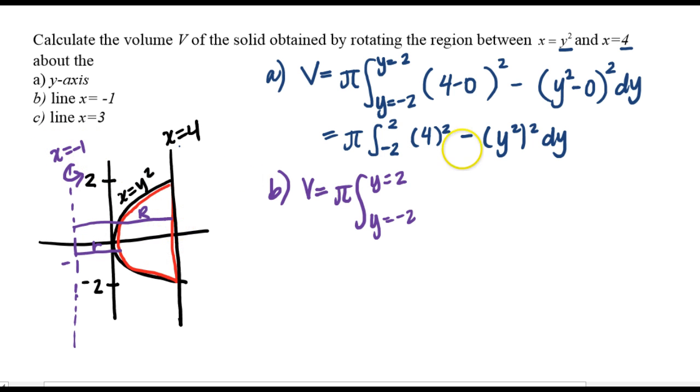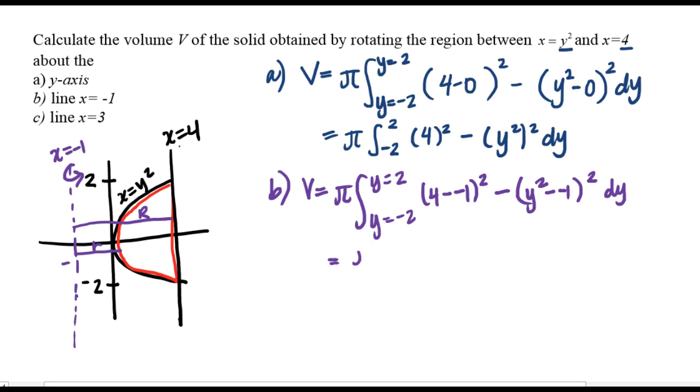The right function is 4, so 4 minus the left function, -1, squared. And then minus the little radius squared. The right part of little r is y squared, already a function of y, minus the left function, which is -1, so minus -1, dy.